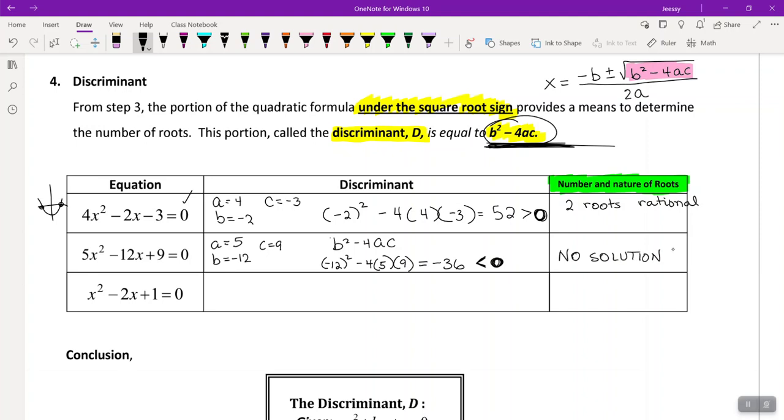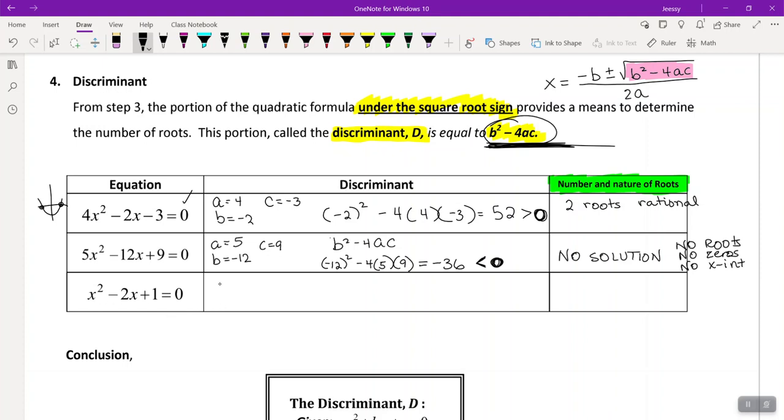That means no roots, no zeros, no x-intercepts. Are we clear? And that's because the square root can't be negative. We can't get an answer in the real number system, okay?